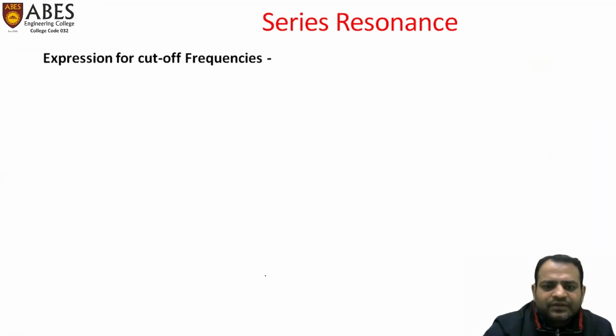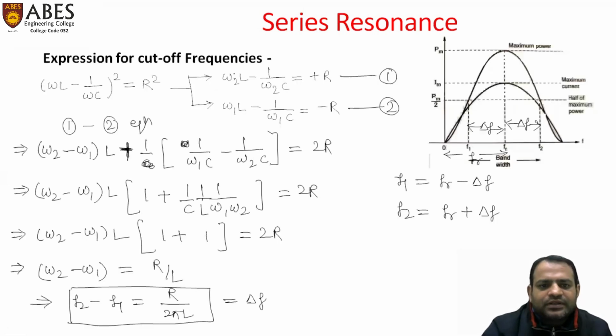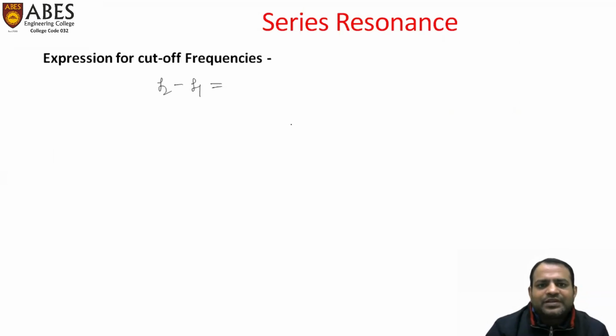So we are writing here F2 minus F1 is twice of delta F. And what is the value of F2 minus F1? That is R upon 2 pi L. So what is the value of delta F?